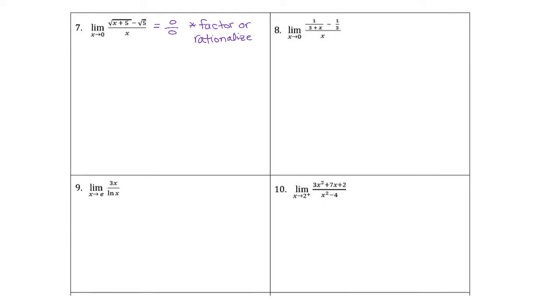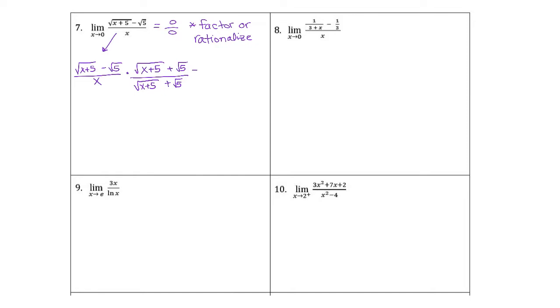All right, so we're going to just pull this down to the side, and I'm going to have the square root of x plus 5 minus square root of 5 over x, and then I'm going to multiply the top and bottom by the conjugate, which is going to be the square root of x plus 5 plus root 5 over the square root of x plus 5 plus 5.